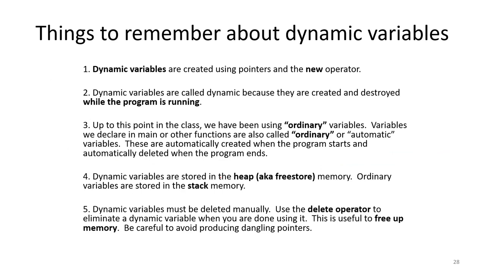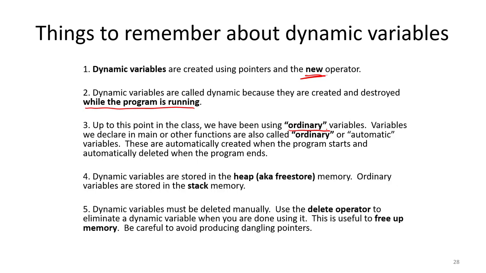Let's review a few key points about dynamic variables. These are key points that you'll definitely want to remember. First, dynamic variables are created using pointers and the new operator. Again, we call them dynamic because they're created and destroyed while the program is running. Up to this point in the class, we have actually been using a different kind of variable called ordinary variables.